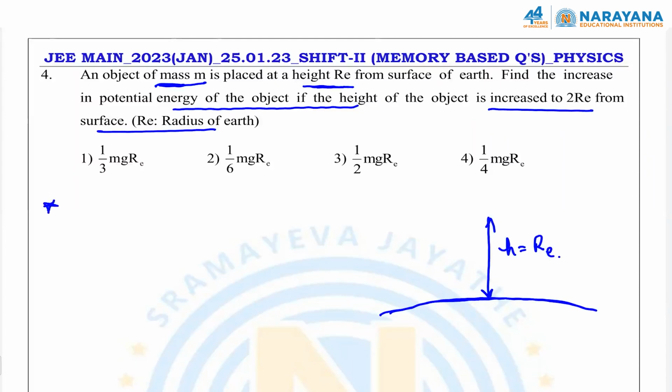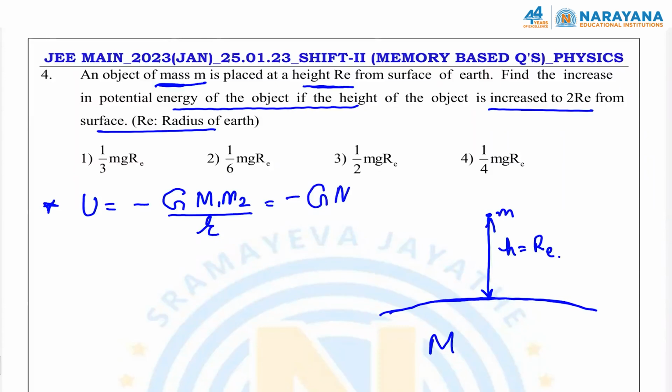So we know that the basic formula for potential energy is minus G m1 m2 by r. So let's take mass of Earth as M, and mass of this object is small m. So this is minus G M m over r. If I talk about initial potential energy, it will be minus G M m over the initial distance from the center of Earth.